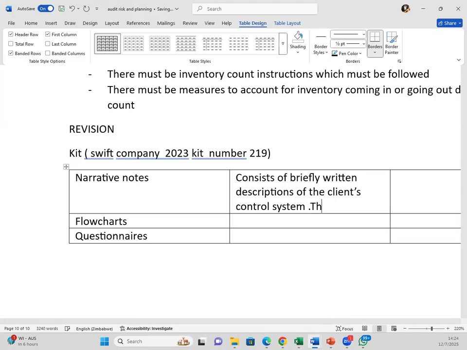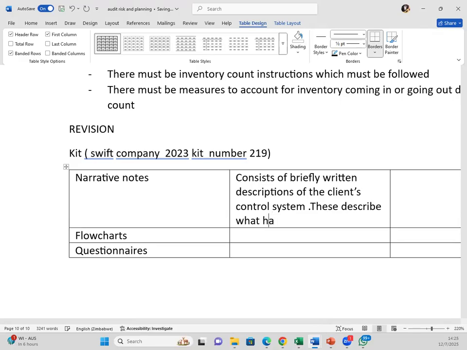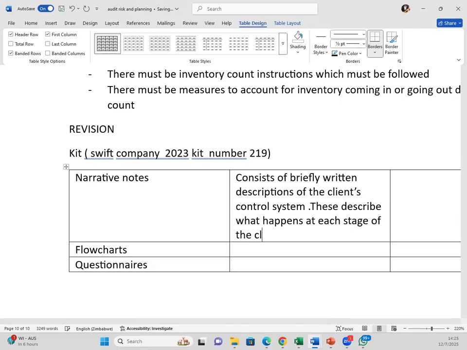This describes what happens at each stage of the client's control system.